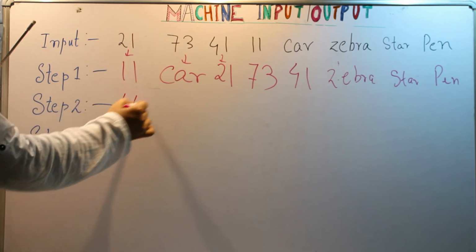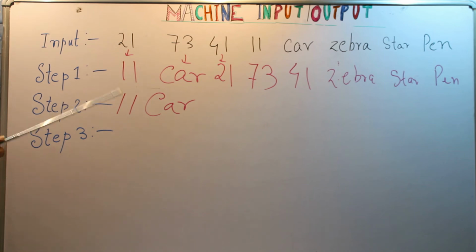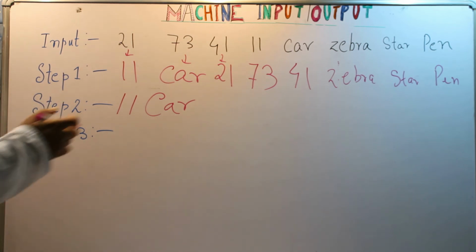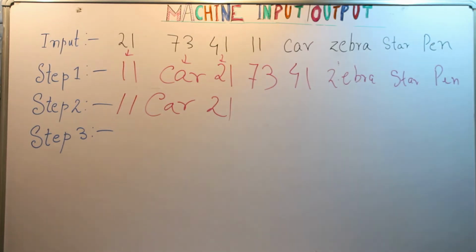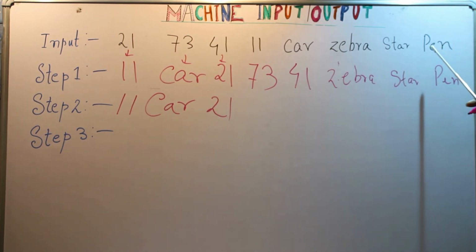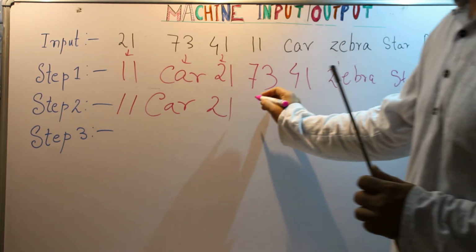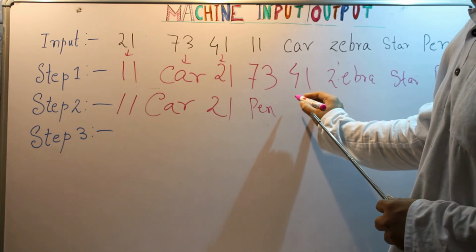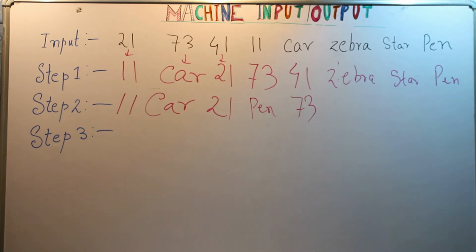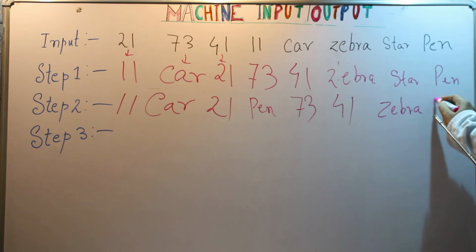In step 2, these two things will not change their positions, whatever the case may be, and the second lowest number is 21, so use 21, and the word containing the alphabet which comes before in the alphabetical series is P, so pen, and the rest will be placed as they are, such as 73, 41, zebra, and star.